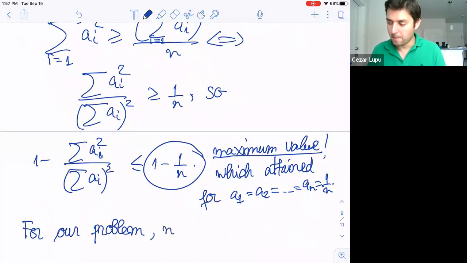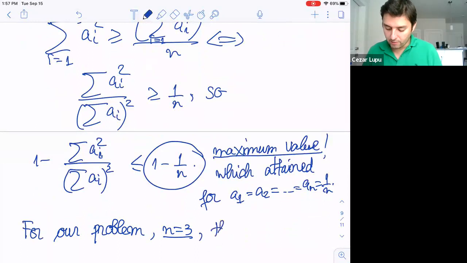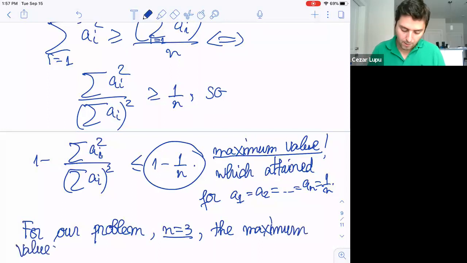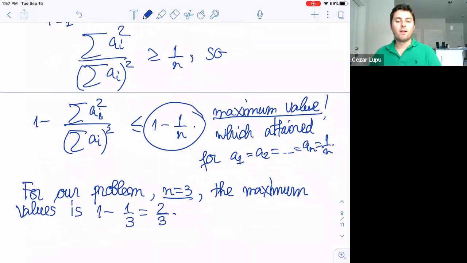Not 2, it's 3, because we have one other. So the maximum value is 1 minus 1 over 3, which is 2 over 3. Anyway, I overgeneralized this problem, but you could have done it. But I want you to see the big picture. Sometimes it's good to see the big picture. Is the problem clear for everybody, guys?